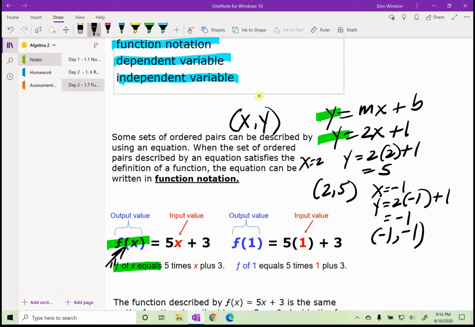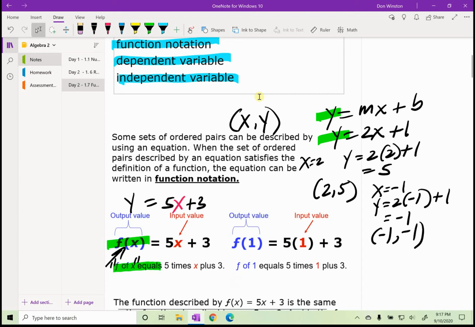Here we're saying f of x is equal to 5x plus 3. In Algebra 1, we would have said y equals 5 times x plus 3. It's the same thing, but now we'll just replace y with f of x.